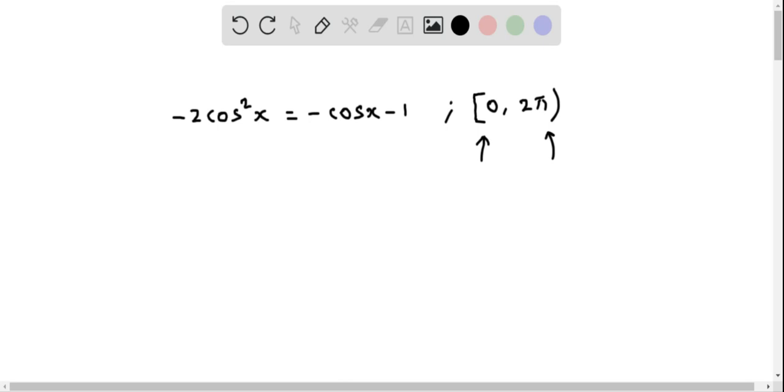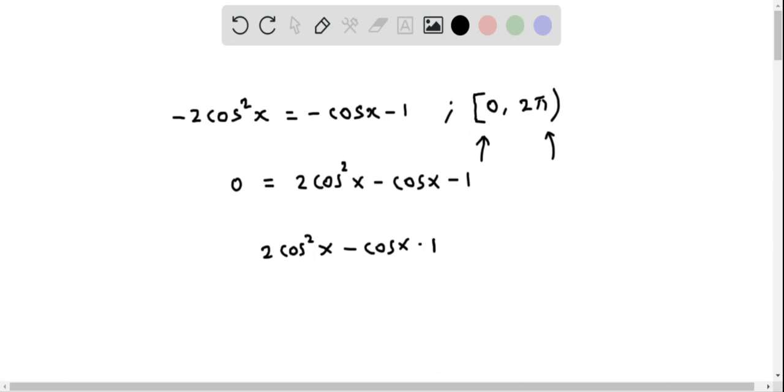I'm going to add 2 cos squared x on both sides. So this equation becomes 0 equals 2 cos squared x minus cos x minus 1. Or else we can rewrite this equation as 2 cos squared x minus cos x minus 1 equals 0.